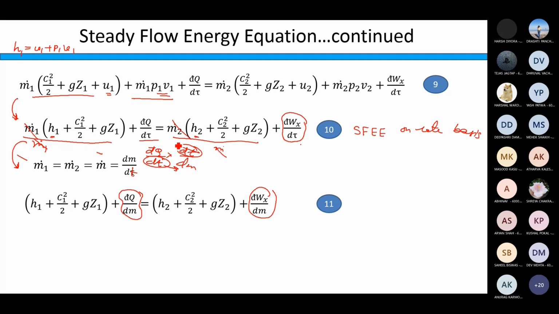So only the bracket multiplying term you have to remove from these two terms, and instead of writing d bar q by dt, write it as d bar q by dm and d bar w by dm. So this is equation 11. Note that equation 11 should be used only if you have one inlet and one exit. Remember this. It means the mass flow rate is one and the same, entering and leaving.